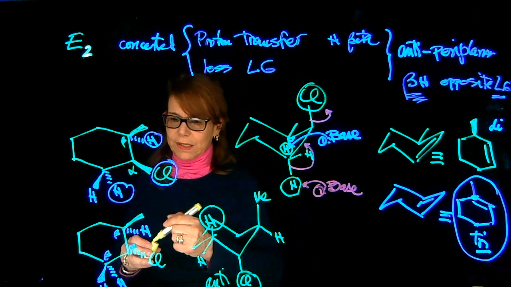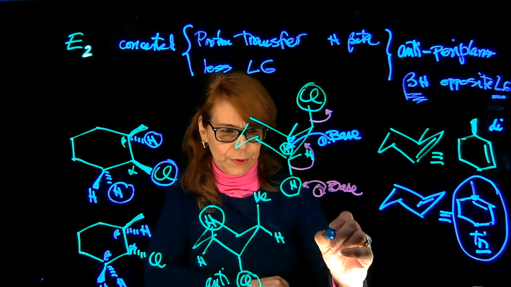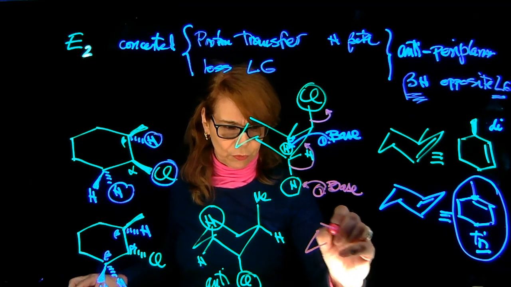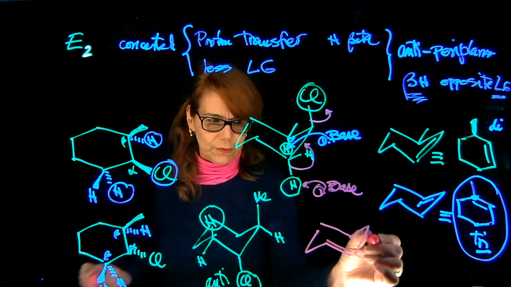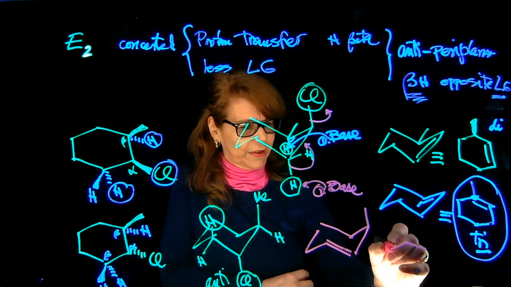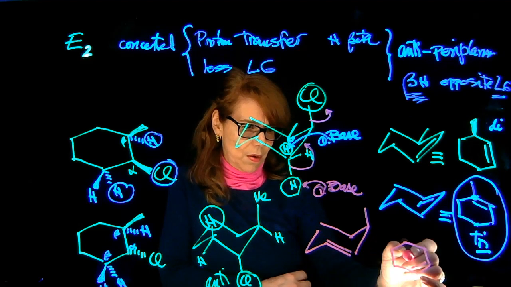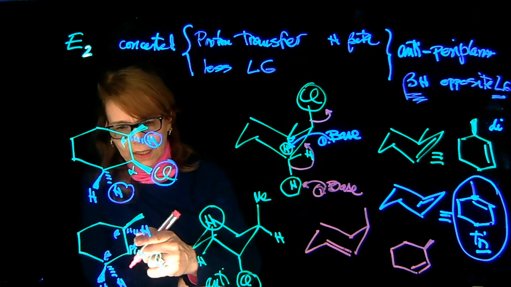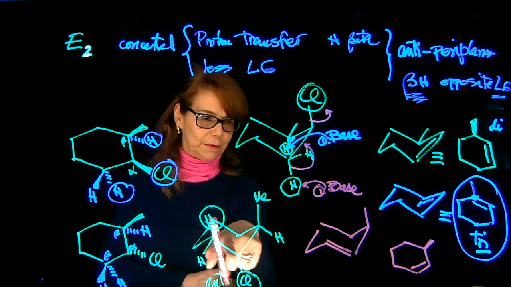So the trans can only give you one product, and it's going to be eliminating over here. Or you can draw it in the chair form. Eliminating here, that's your double bond, and the methyl you can draw like that. Notice, one, two, one carbon away, and that is the product that you can form eliminating to the side.